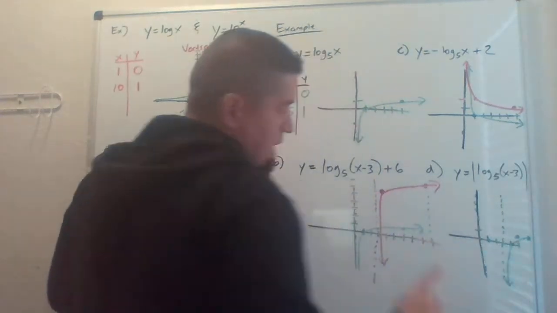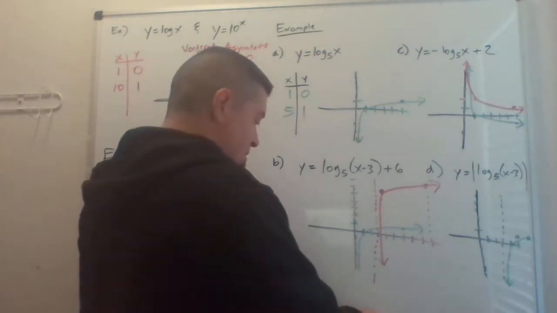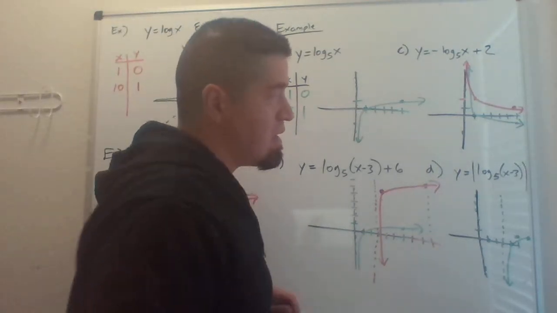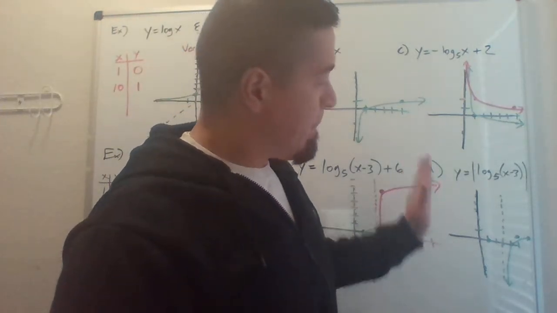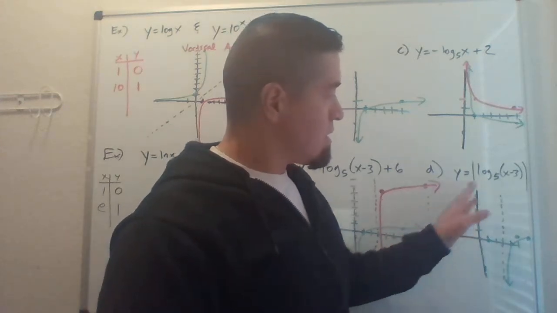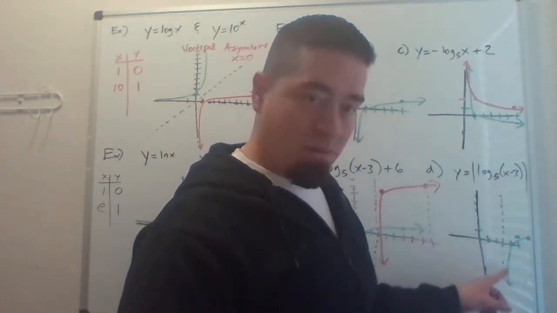Okay, so now to deal with the absolute value part. Now the absolute value is, what does the absolute value do? It makes any number positive, okay? So it's going to make all these values positive, so then I shouldn't have any negative y coordinates.